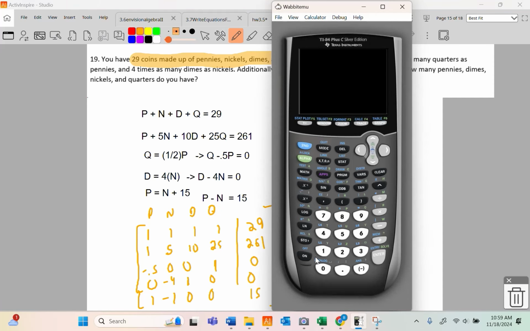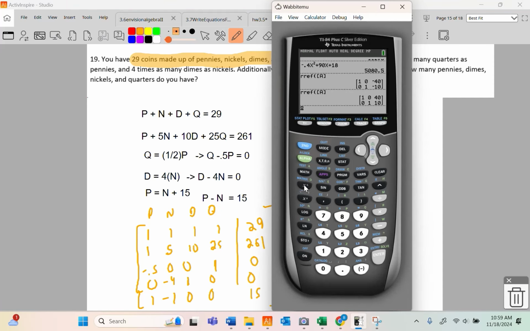Don't be alarmed with that. It's not a big deal because you are doing things in the calculator. Second, matrix, edit. We have 5 rows. We have 4 columns. And then we just type in the coefficients. Oh no. Because I'm an idiot, we have 5 rows and 5 columns.